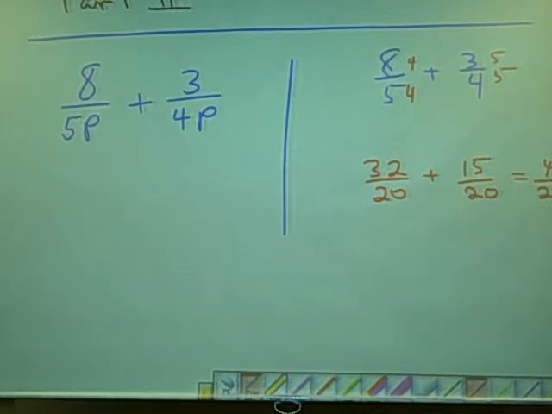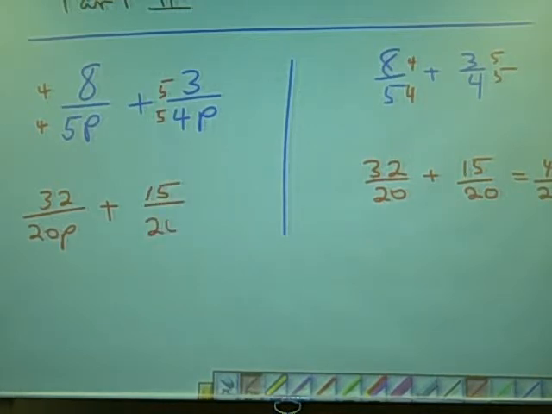Well, the process is the same here. There's no difference. We have a p and a p, but we need a 20p. So we still have to multiply 4 over 4 here, and we get 32 over 20p. And then here we have to multiply 5 over 5, so we get 15 over 20p.